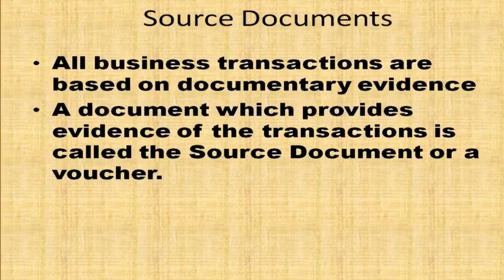Next, we have to study source documents because they are the proof for recording various transactions in the business. All business transactions are based on documentary evidence. A document which provides evidence of the transaction is called a source document or a voucher.